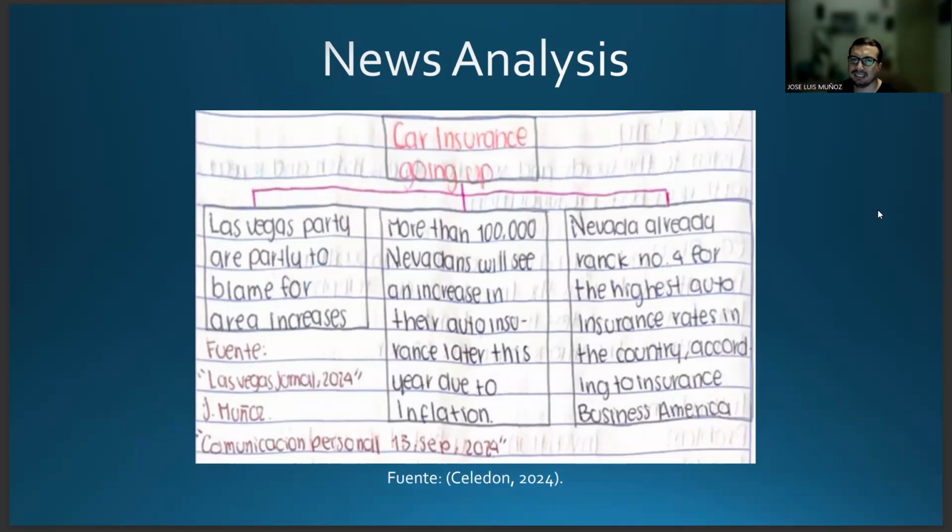On the left side, we have that Las Vegas is partly to blame for the increases. More than 100,000 Nevadans will see an increase in their auto insurance later this year due to inflation. Number 3, we have Nevada already ranked number 4 for the highest auto insurance rate in the country, according to Insurance Business America.